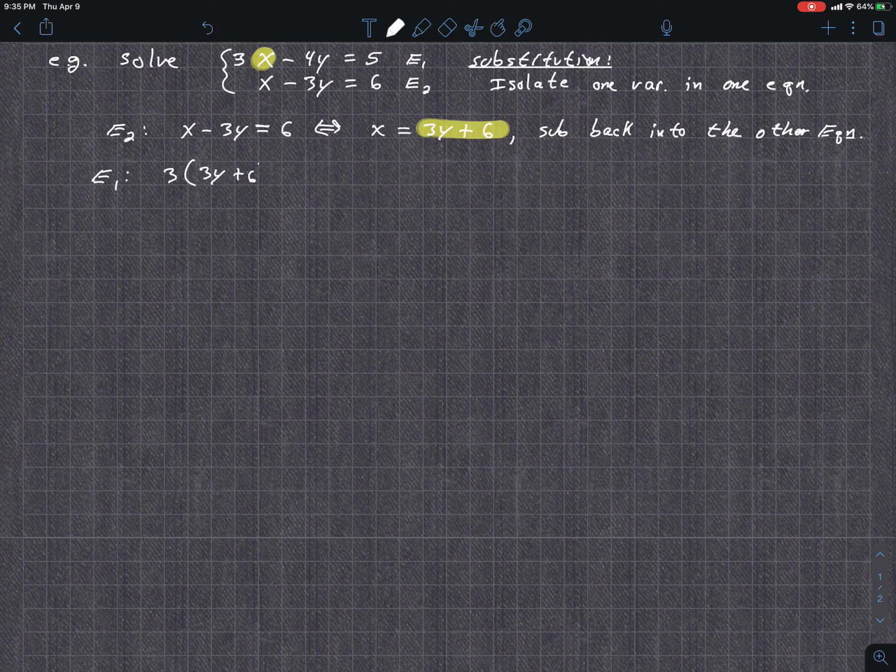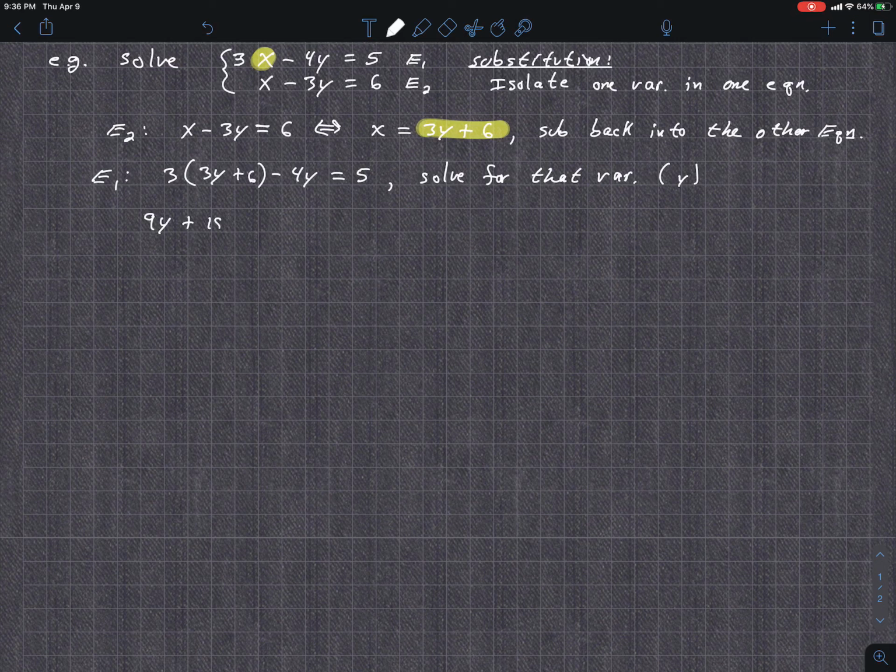So it's 3, and then instead of x, 3y plus 6, minus 4y equal to 5. And then you solve for whichever variable is there at this point. In this case, it's y.